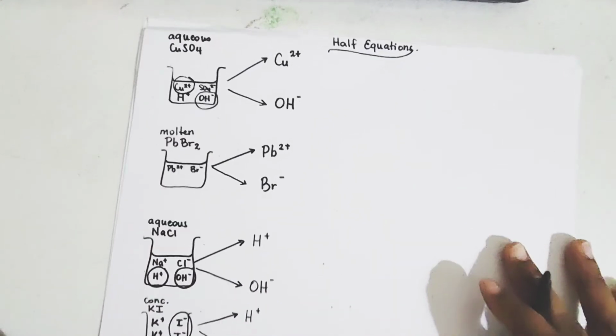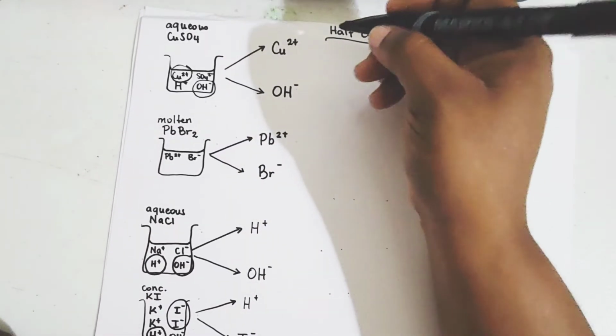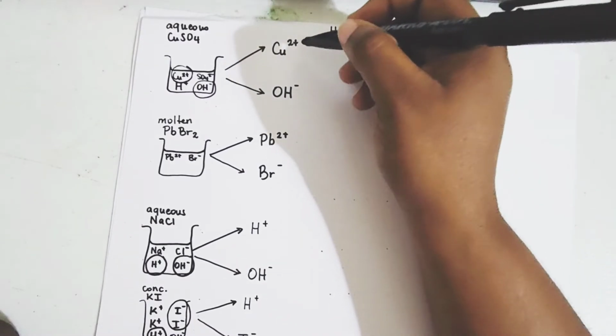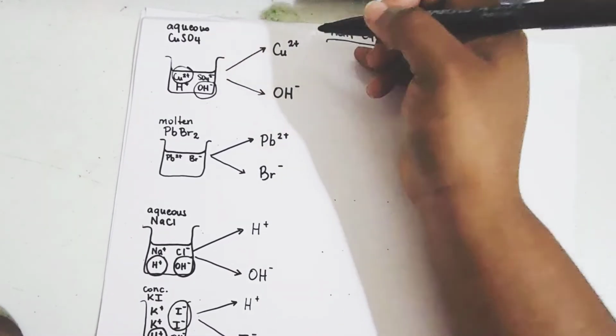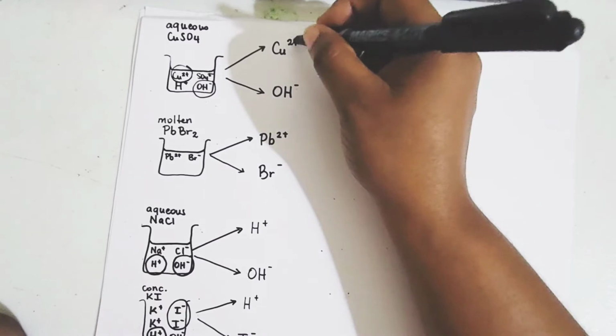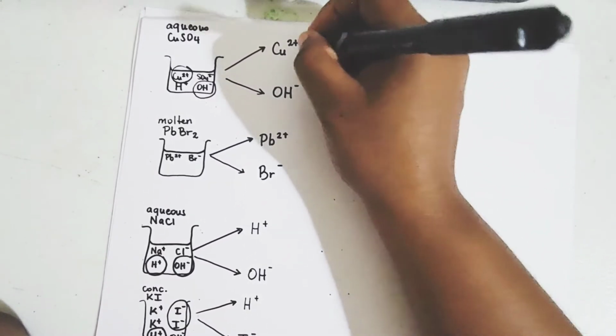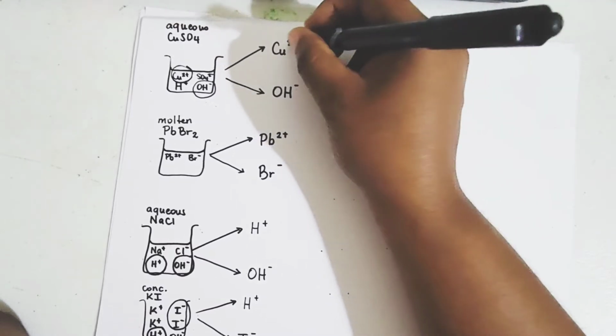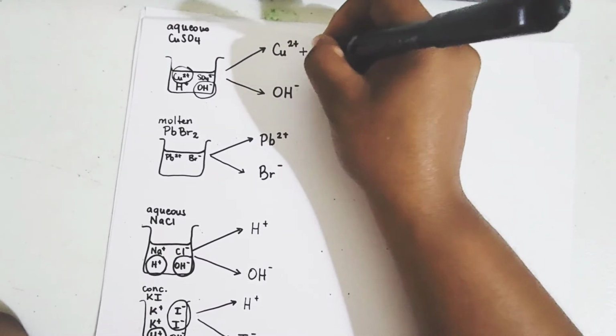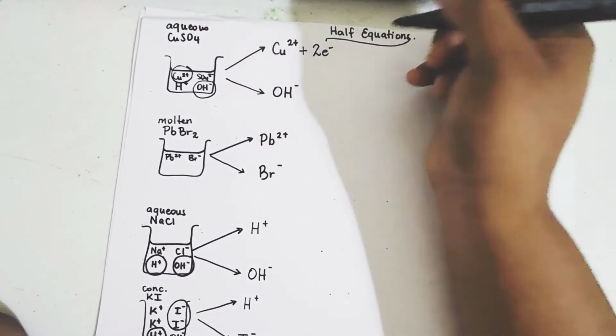Okay, so how we do half equations? Well, this is a trick. If you see a positive sign, are you dealing with an oxidation number that has a positive in it? Just put a positive down here, and this number will come back down here to represent the number of electrons.